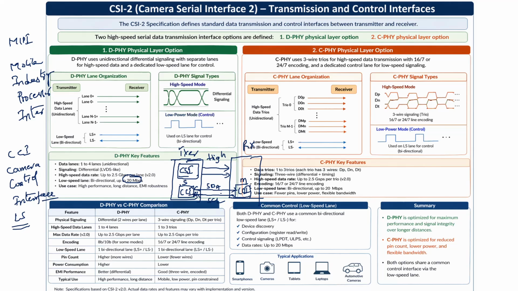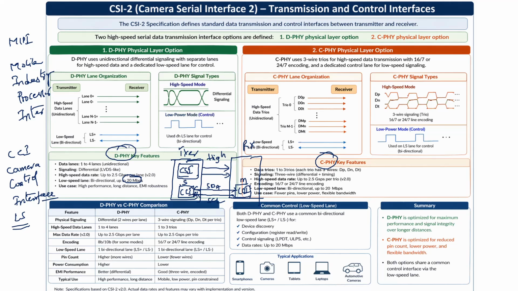In this, to transmit the data we use two types of lanes. One is the C-PHY lane and the other one is the D-PHY lane. So the D-PHY lane and C-PHY lane communicate between the transmitter side and the receiver side.